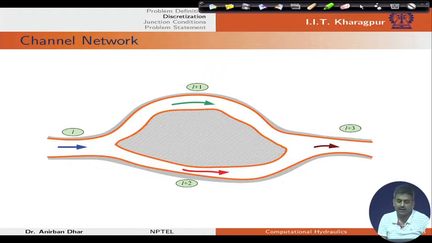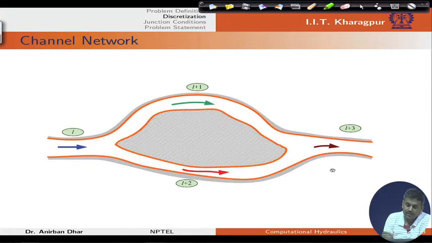Now, we can have other conditions within our system. If you have a channel network, like we have discussed, channels in single channel or channels in series, we can solve this problem, but we need to specify our channel junction conditions.